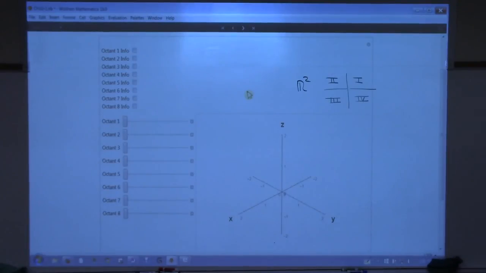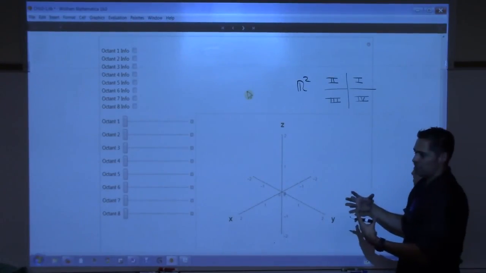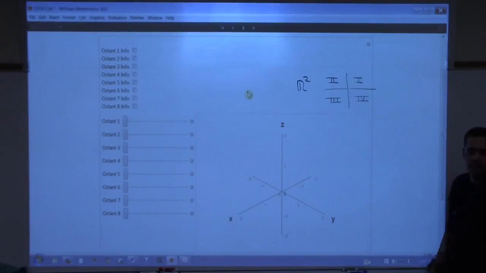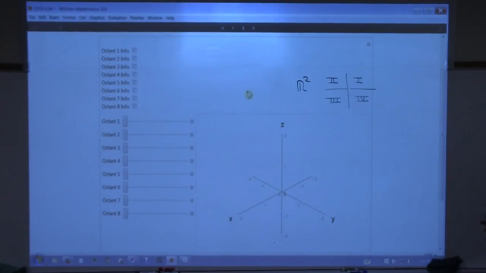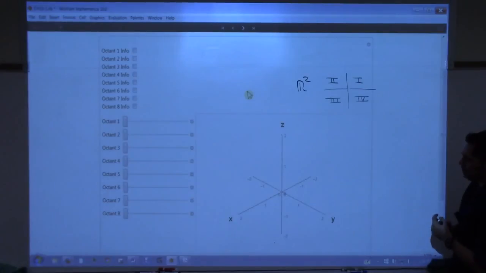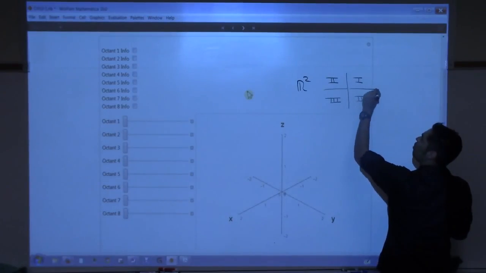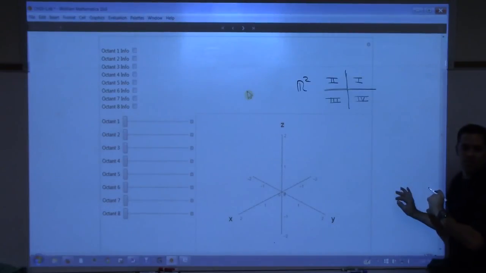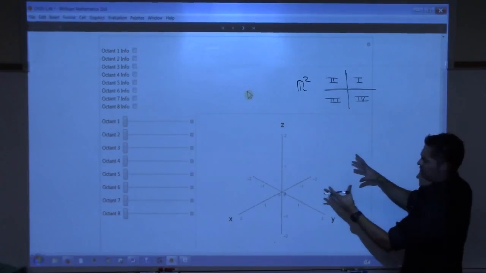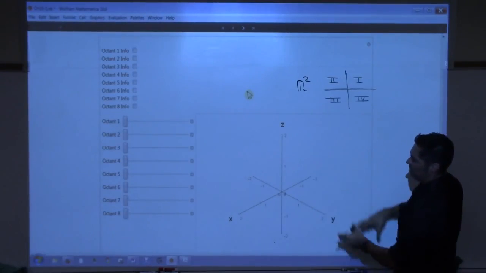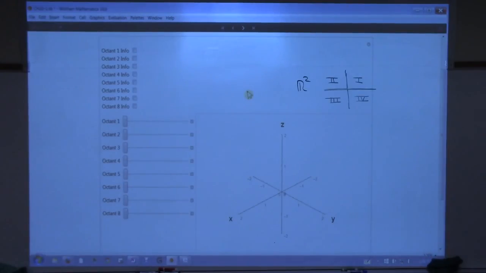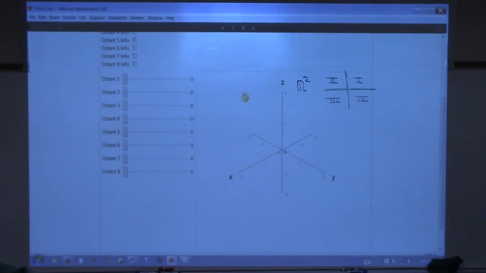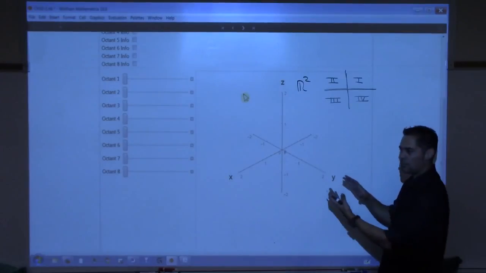Well, if we're in three-dimensional space now, you're going to have 8 sections that are separated by these, what are we going to call them? These we called the coordinate axes, right? These axes created 4 quadrants. Something is going to create 8 things for us here. So what's going to separate these 8 sections?